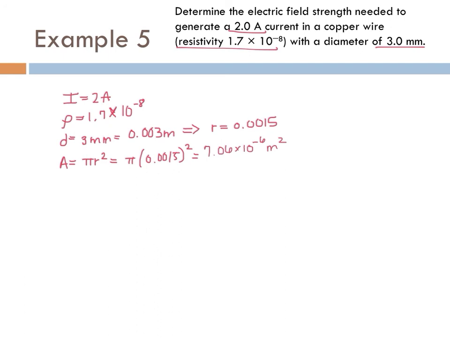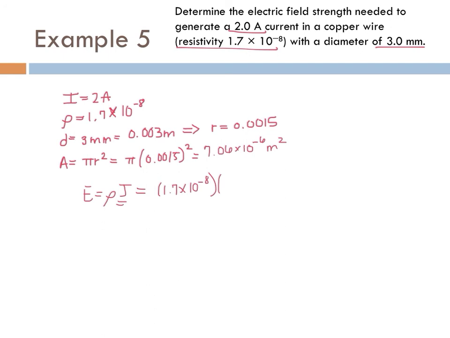And then again, finally, you're asked to solve for the electric field. So you can use the equation we just were given, where your resistivity, which is 1.7 times 10 to the negative 8, times our current density.